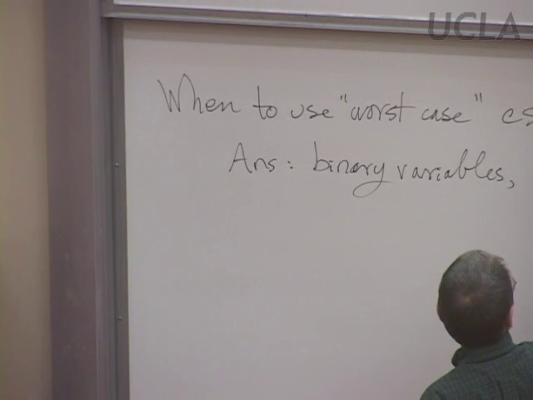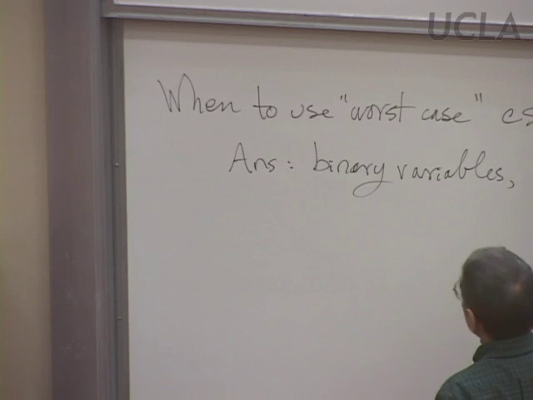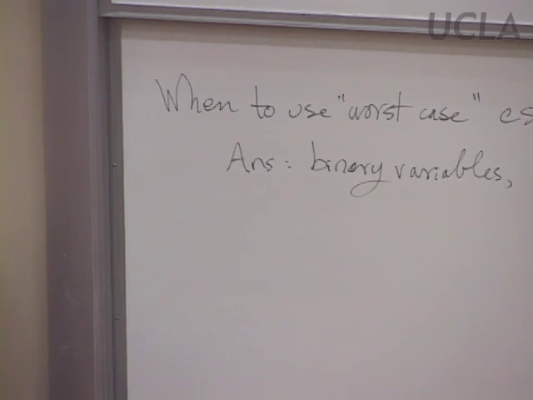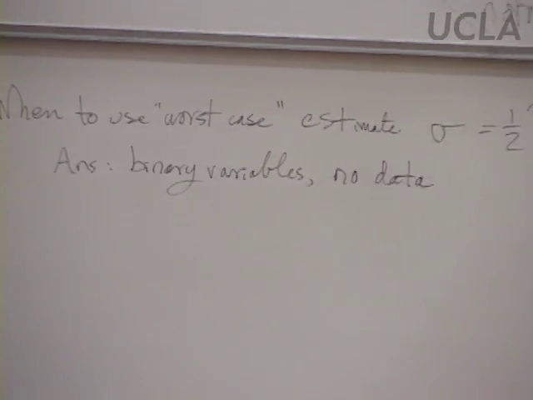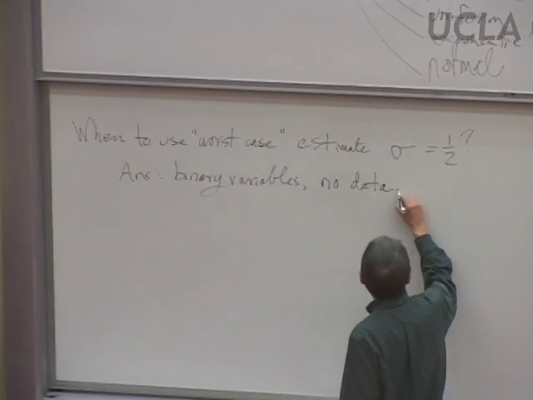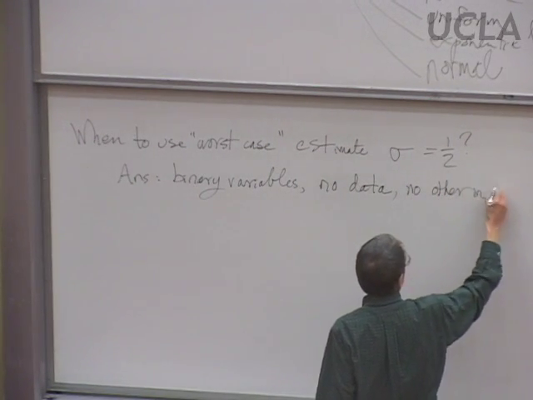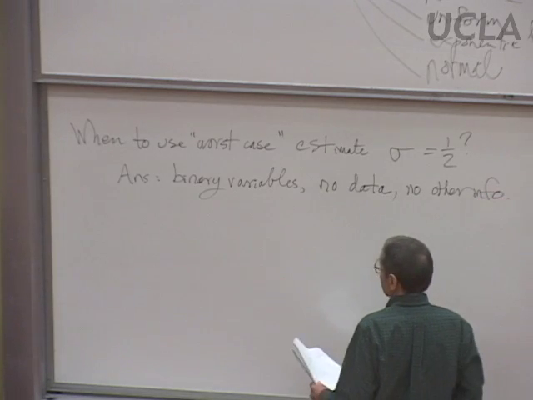So that means we don't have empirical data. Because if we do have empirical data, then we could look at the sample standard deviation and perhaps get a better idea. Or no other information as to what sigma might be.